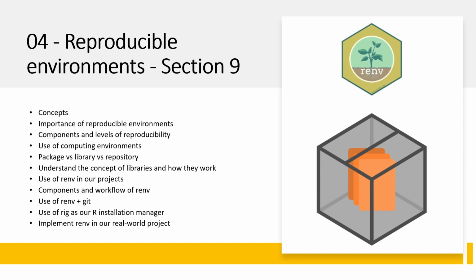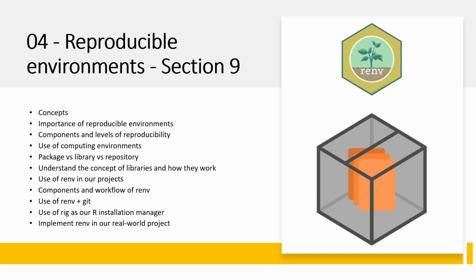We will use computing environments. We will talk about the differences between package, library, and repository. And we will also understand the concept of libraries and how they work, because we have different libraries in our system and we need to understand how they work to work better with reproducible environments.